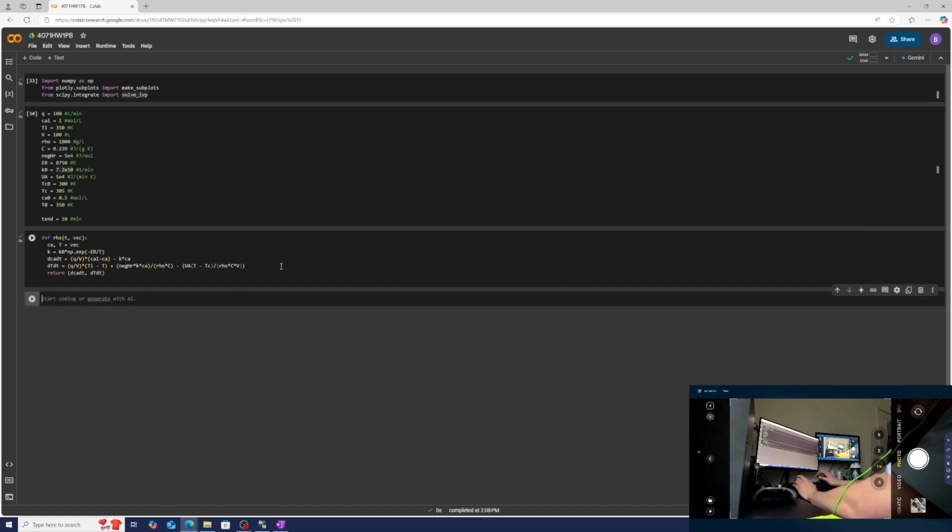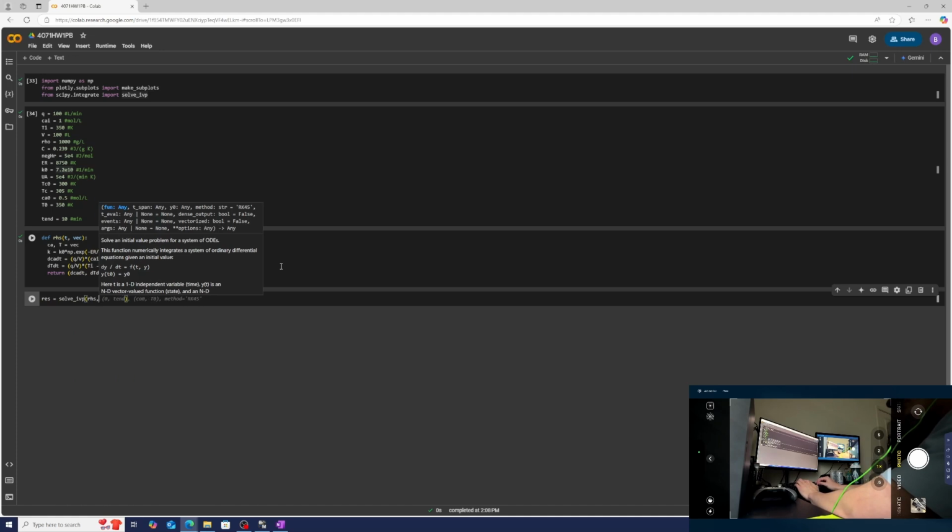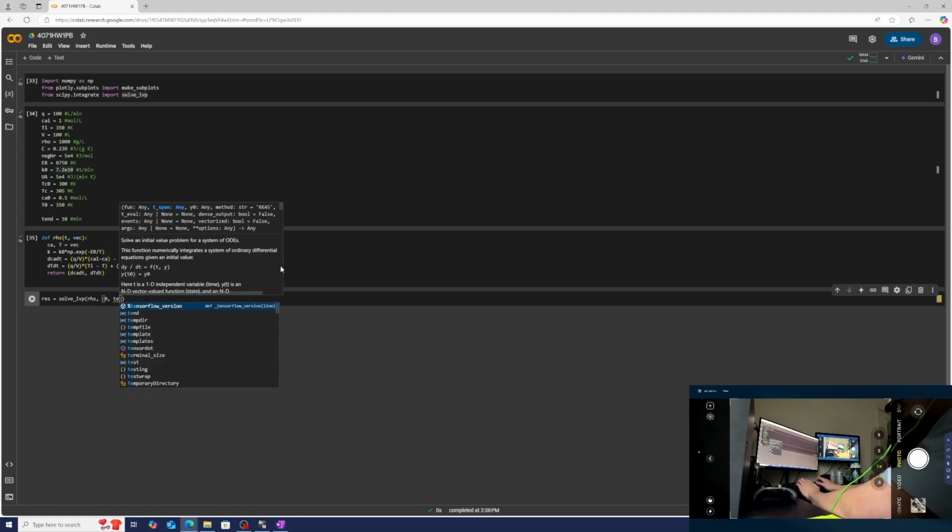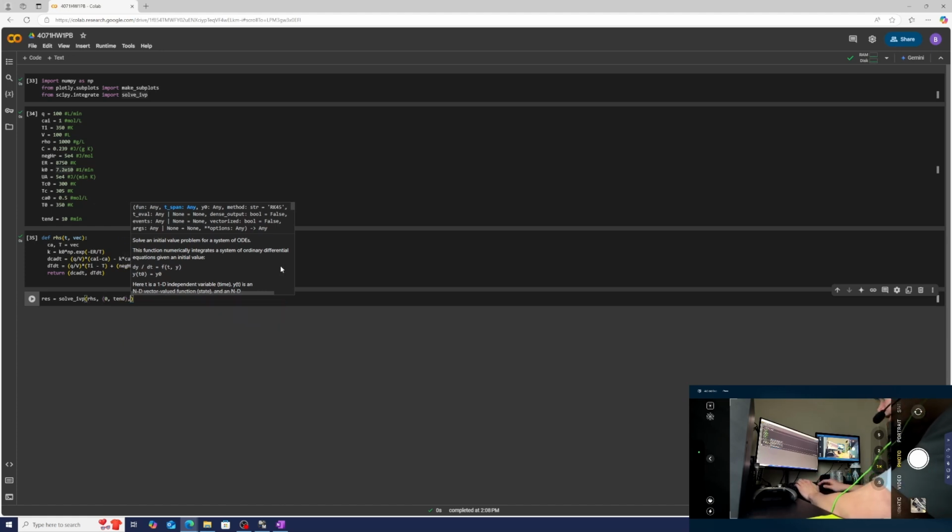Alright, so next we'll use solve IVP, give it our initial guesses, and then that should solve for each time step, and from that we'll be able to plot our results. So our result is going to be equal to solve IVP of our right hand side from 0 to our t end. Our initial guesses for CA and T will be CA0 and T0.